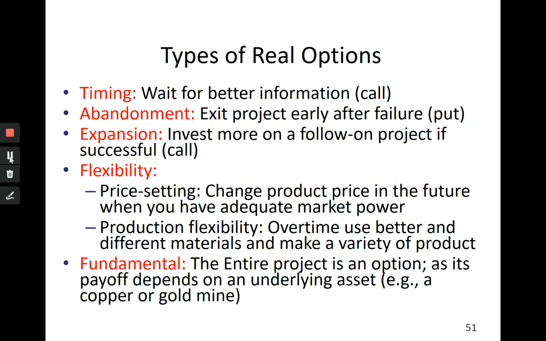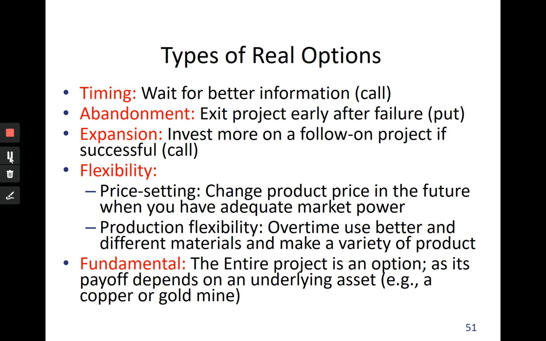There is a flexibility option, and one aspect of that is that we may have the ability to set the prices as we get more market power. For example, like an Apple cell phone, for quite a while we can charge higher prices after successfully capturing a foothold in the market.